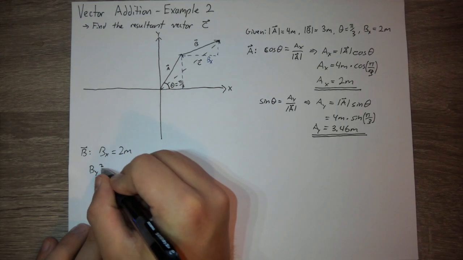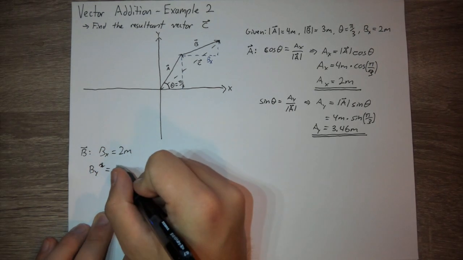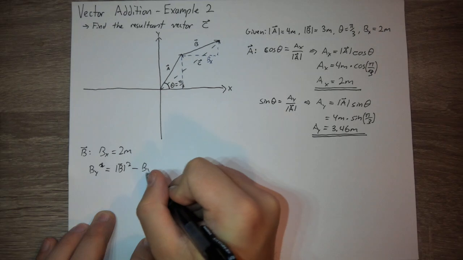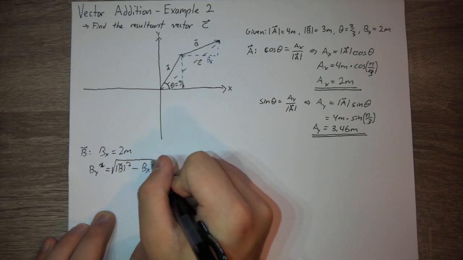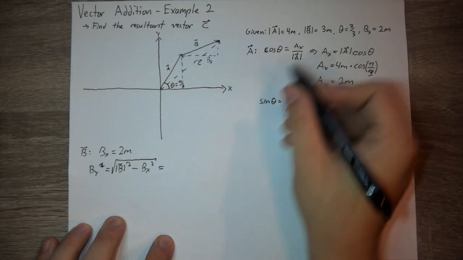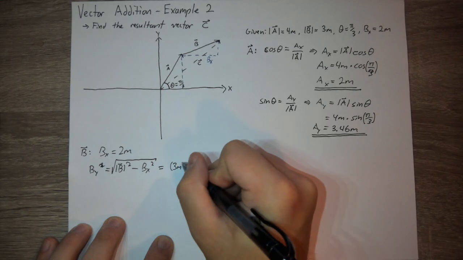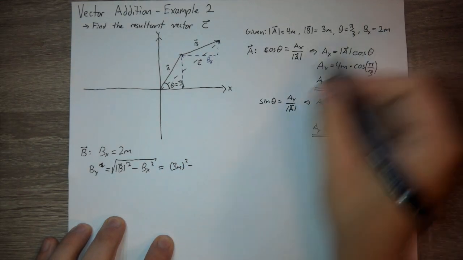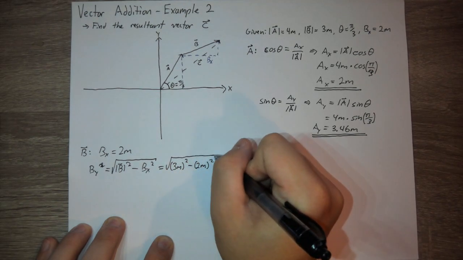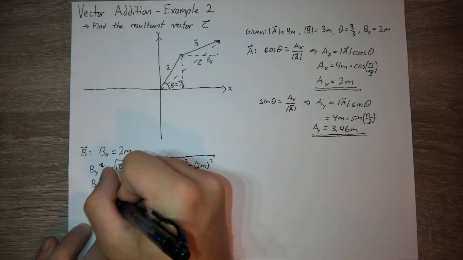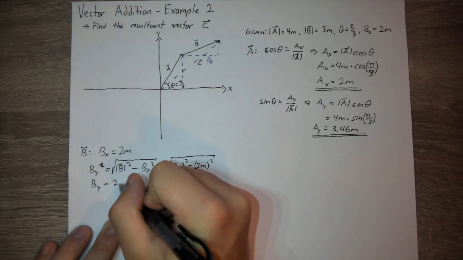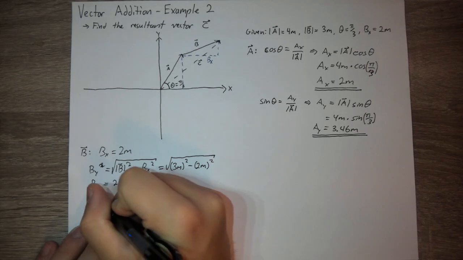So that would be By is equal to the magnitude of B squared minus the magnitude of Bx squared, all square rooted. Plugging in numbers, that's 3 meters squared minus 2 meters squared, and this By works out to 2.24 meters.